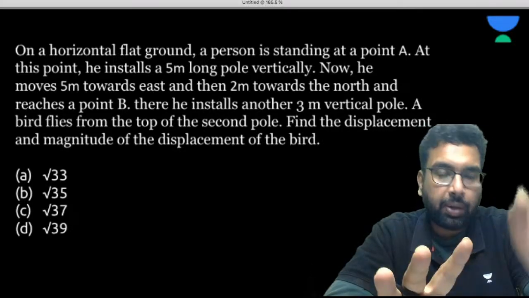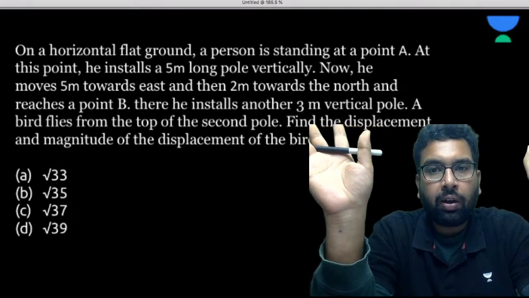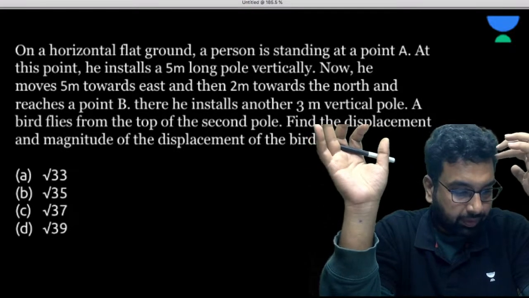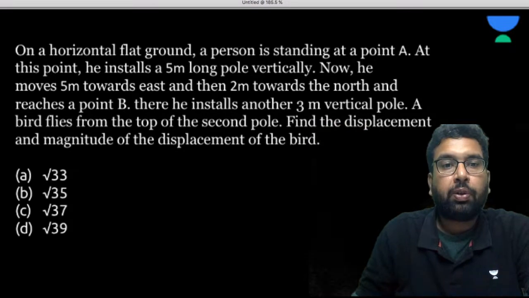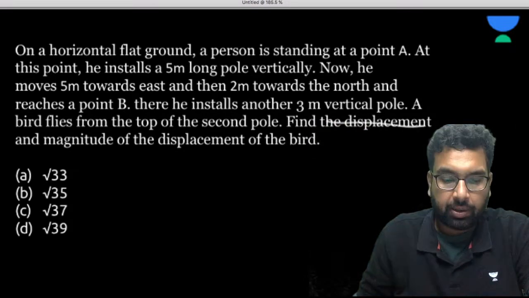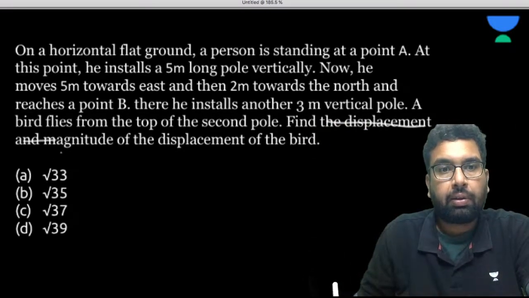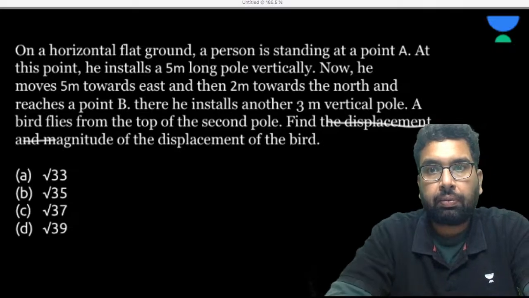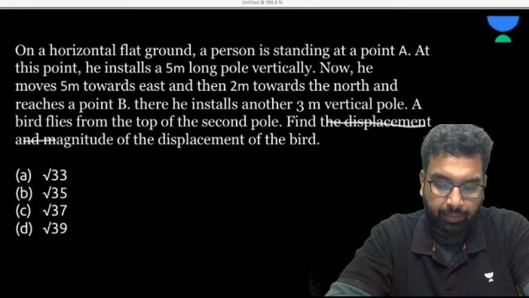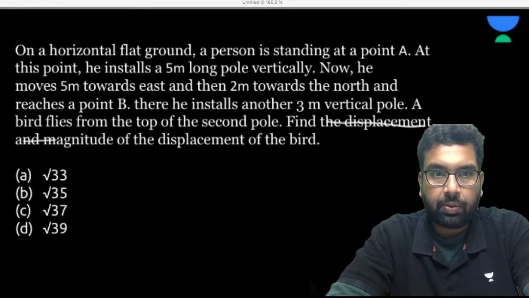Please solve it, and please be careful, the question was wrong earlier. You just find the magnitude of the displacement here. Please do it. We have another session to go.